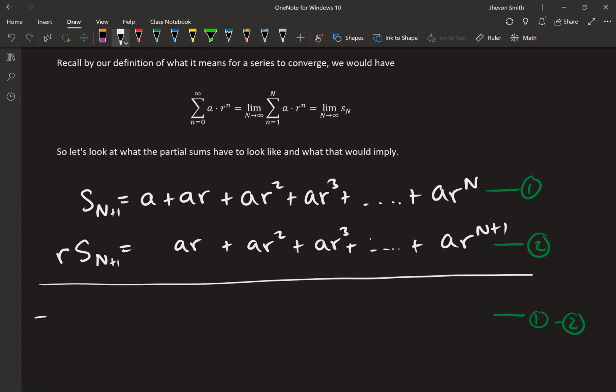So on the left side, I would get 1 minus r times the Sn. And then that's going to be a minus this, so there's going to be an a. Then there's going to be the ar, subtract the ar squared, the ar cubed, subtract the ar cubed. And this is going to keep going until this guy is going to subtract the guy right before that. And then I'm going to have minus ar to the n plus 1.